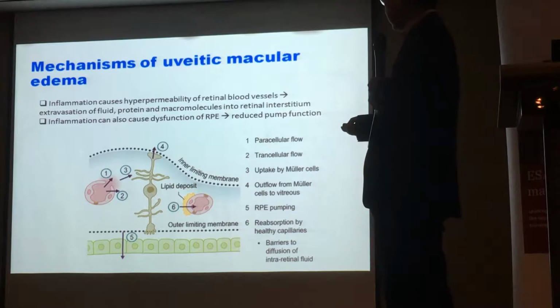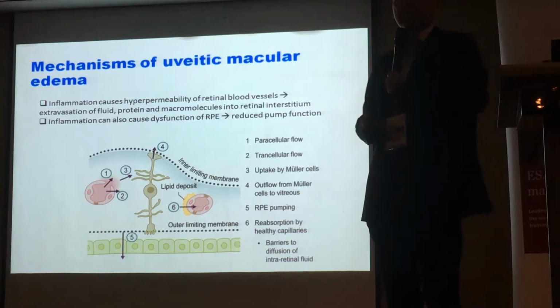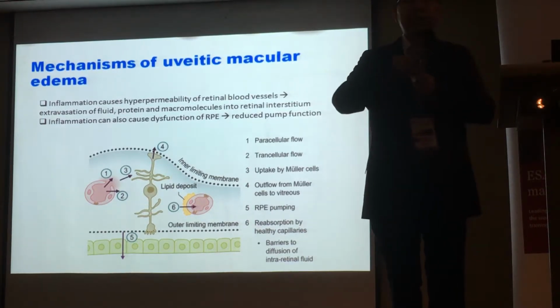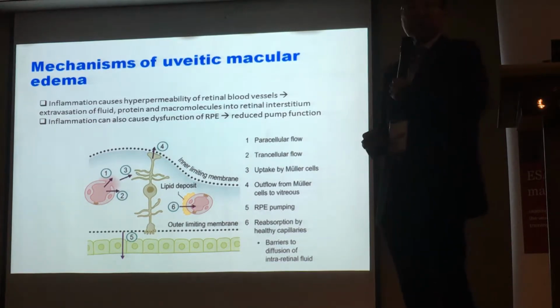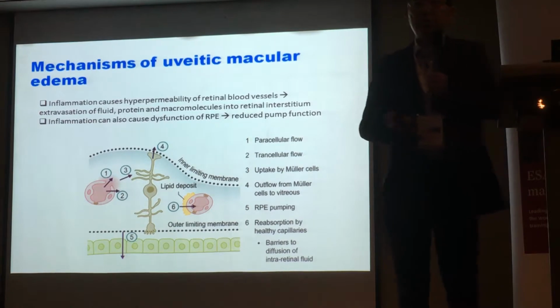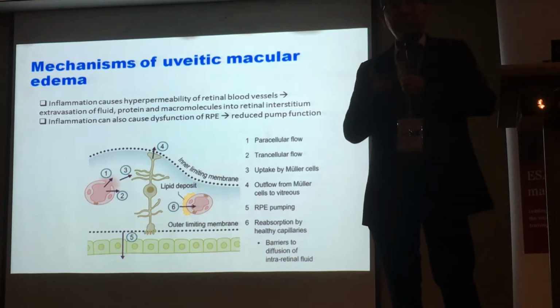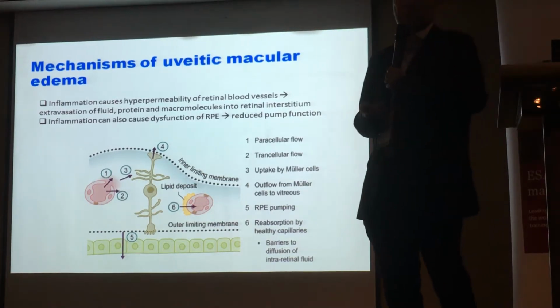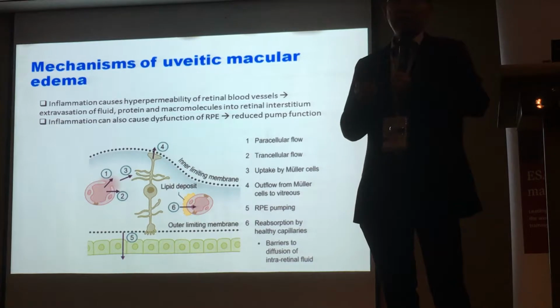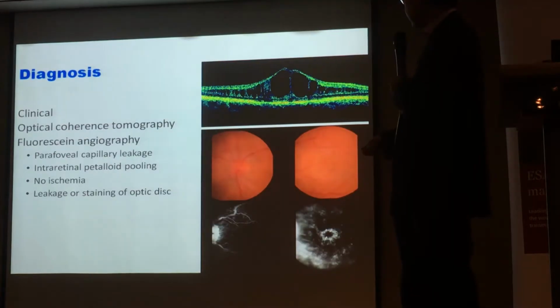The first, a disruption of the inner blood retinal barriers, hyperpermeability, leaks from the retinal capillaries. And the second may be dysfunction of the RPE. So the RPE is responsible for pumping fluid, correct? Pumping fluid out of the retina and maintaining retinal adhesion, retinal attachment. So any one of these two mechanisms can cause it.